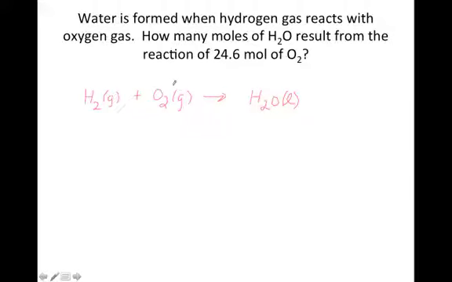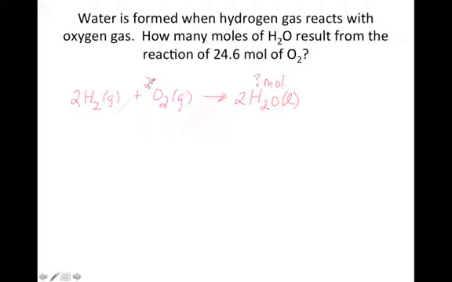We need to balance this equation, so we need a 2 here, which makes us have a 2 there. How many moles of H2O, so a question mark goes over our H2O, and we're looking for moles, result from the reaction of 24.6 moles of O2.